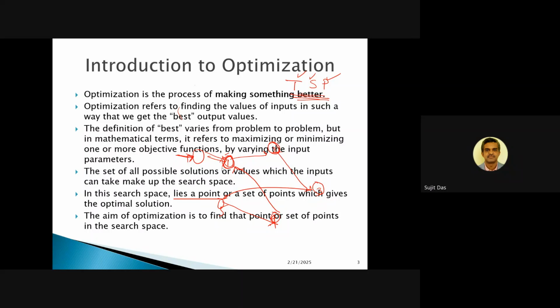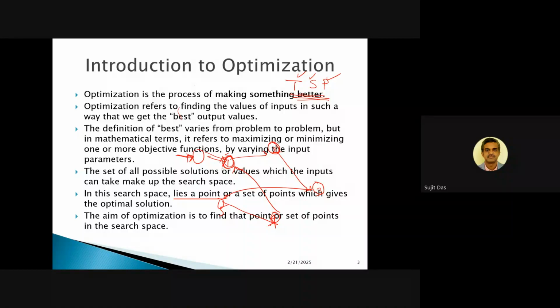As I told, cost optimization obviously means cost minimization. So once we want to minimize the cost, we are not considering any other criteria. We are considering only one objective, that is, we want to minimize the cost. That is single objective optimization. Here, we have only one objective.